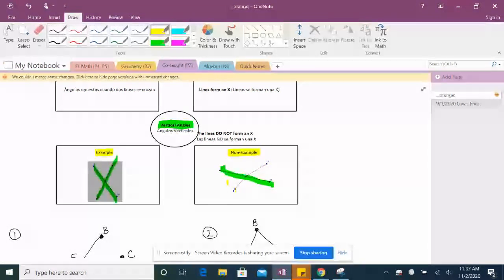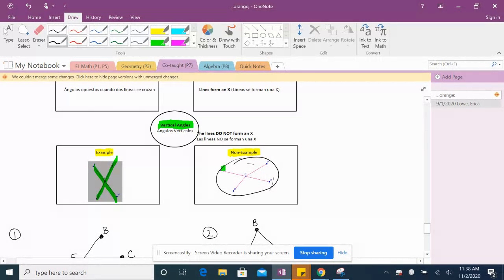Esta no es una X. This is not an X. This line is not straight. So, no forman una X. Y solo por eso, estas no son ángulos verticales.